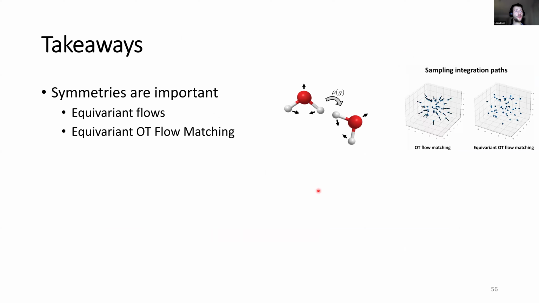And I want to conclude with some takeaways. I hope I've shown that symmetries are quite important, and it can be important to include them in the flow architectures. I also talked about equivariant optimal transport flow matching, which is important if one wants to have nearly straight integration paths for symmetric systems.